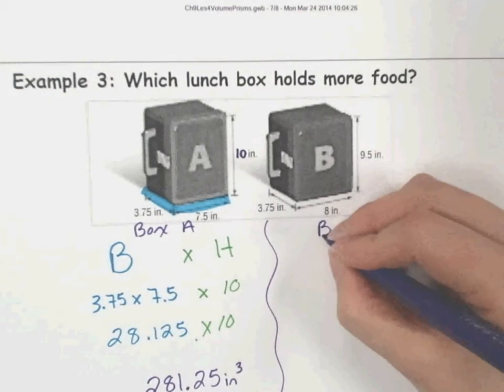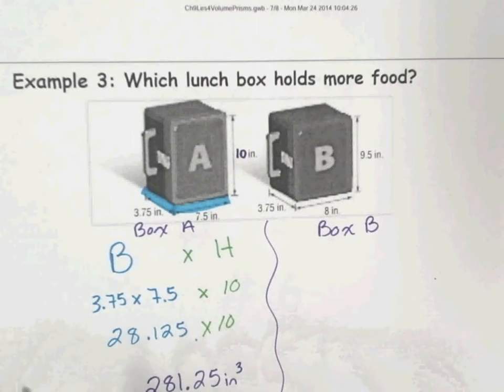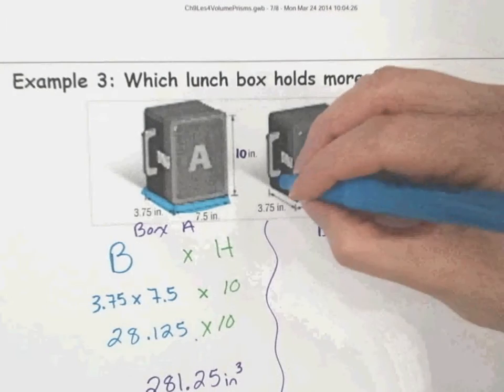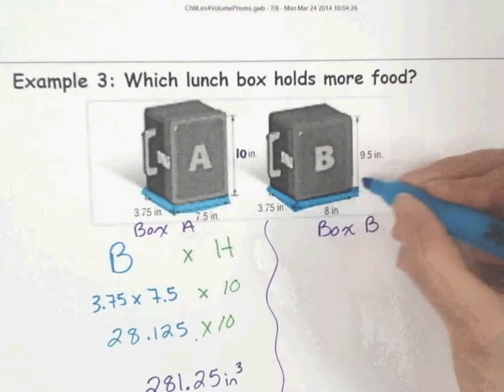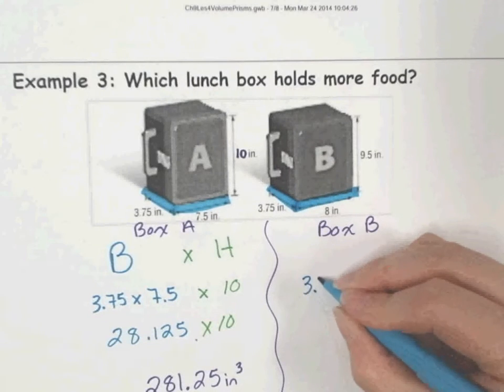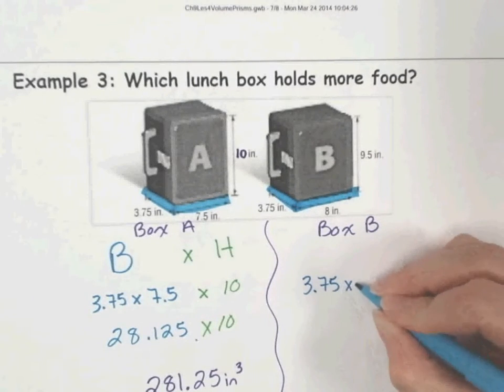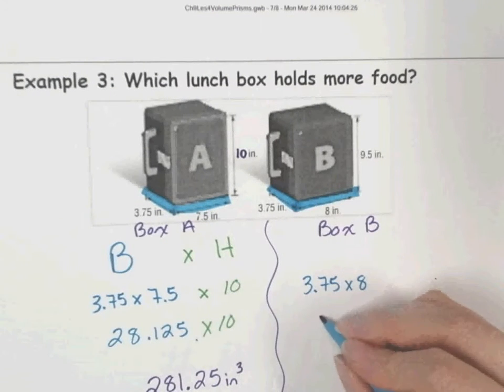Okay, now we're going to do the same thing for box B because we have to compare them. So here's our measurements for box B. It's a 3.75 by 8. So we're going to do 3.75 times 8. What do we get when we do 3.75 times 8? 30.